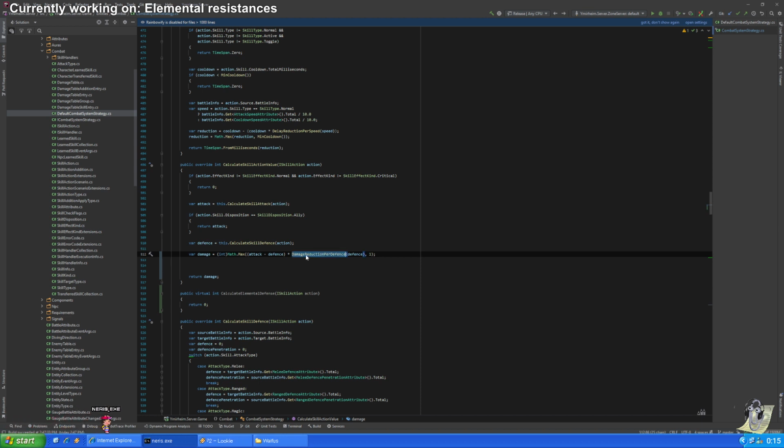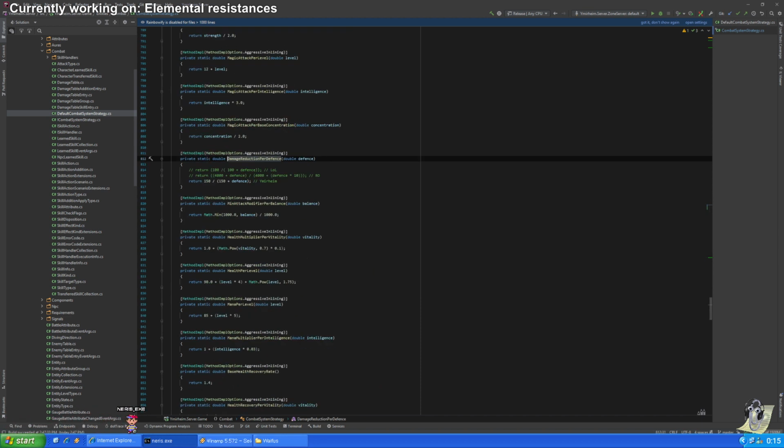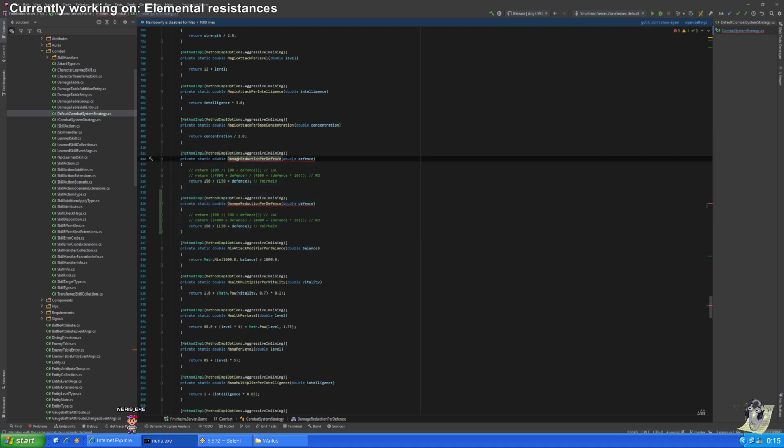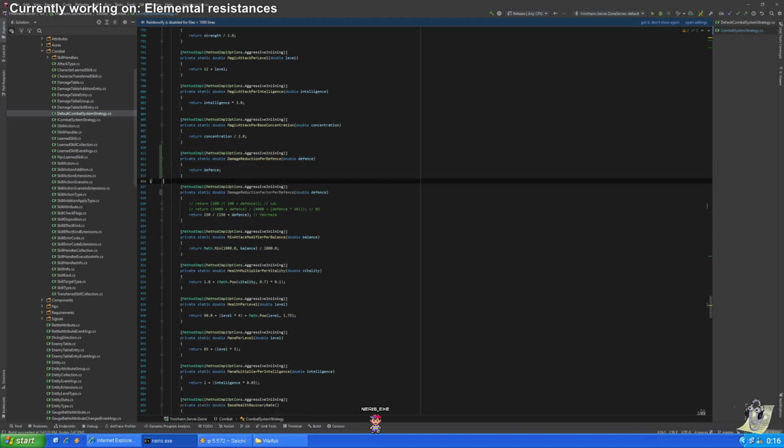Yeah, ideally I need two of these functions. So it's gonna be damage reduction vector per defense and, yeah, just damage reduction and damage reduction vector. So this is gonna be like that. And this is gonna stay the same.